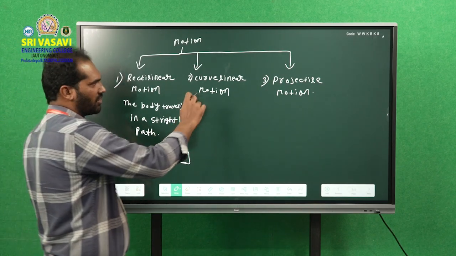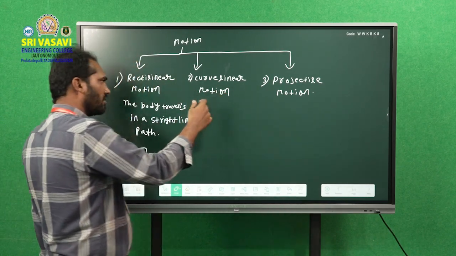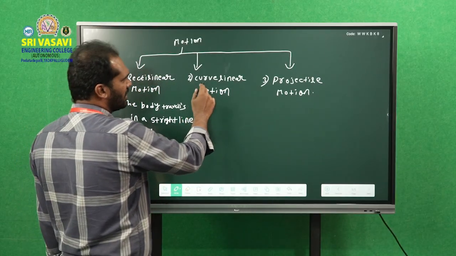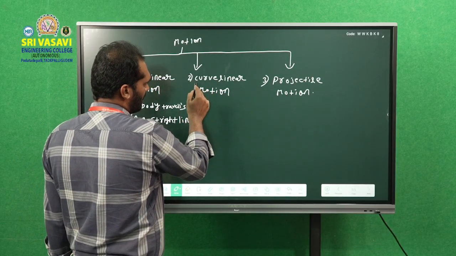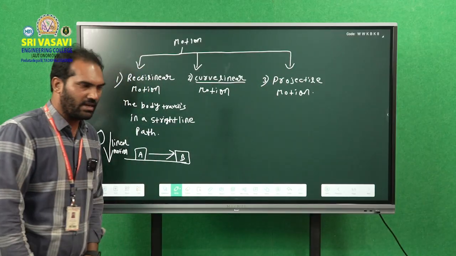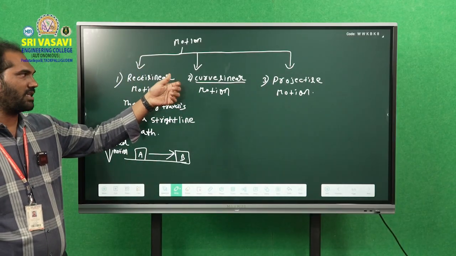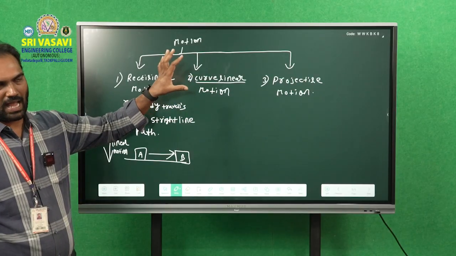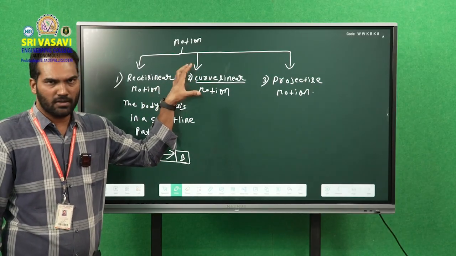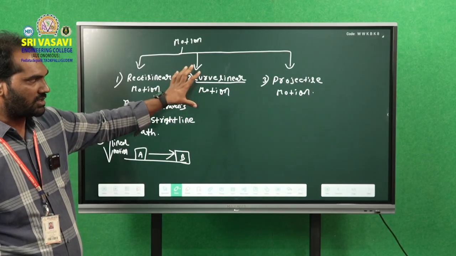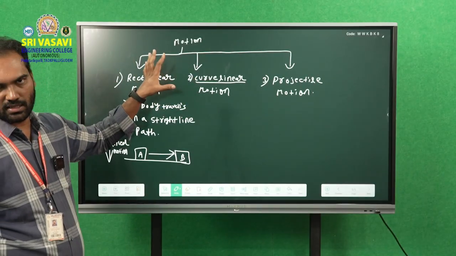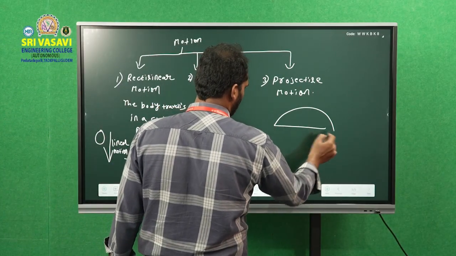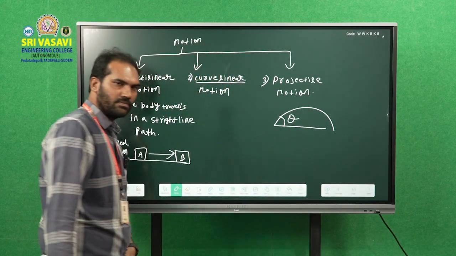The second one is curvilinear motion. Curvilinear motion is a motion in which the object travels in a curved path. In this we will have tangential and normal velocities, which we will discuss in the velocities topic.